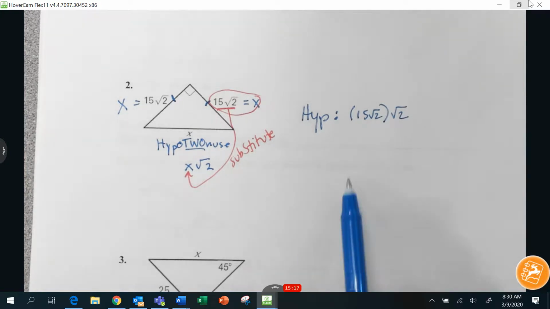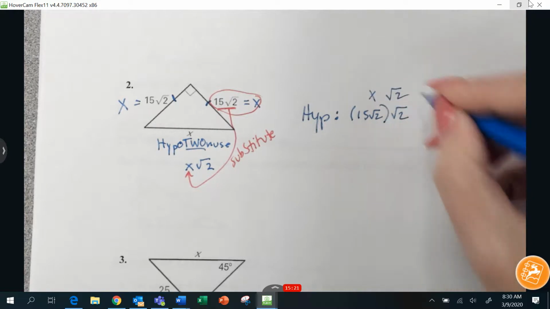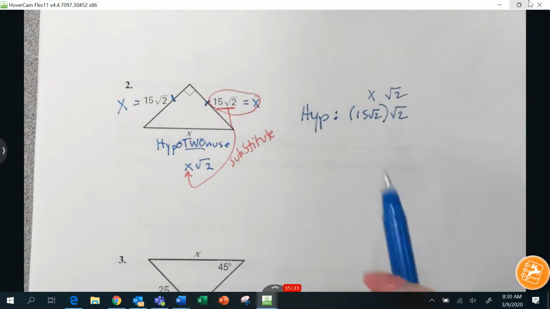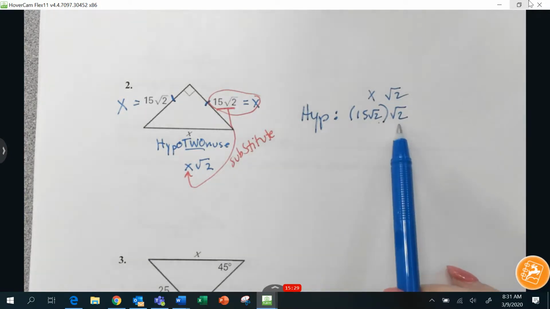Did I lose you here? This is x square root 2. So then the question is, how do we multiply a square root of 2 times a square root of 2? We did this already. Lynn, you know?